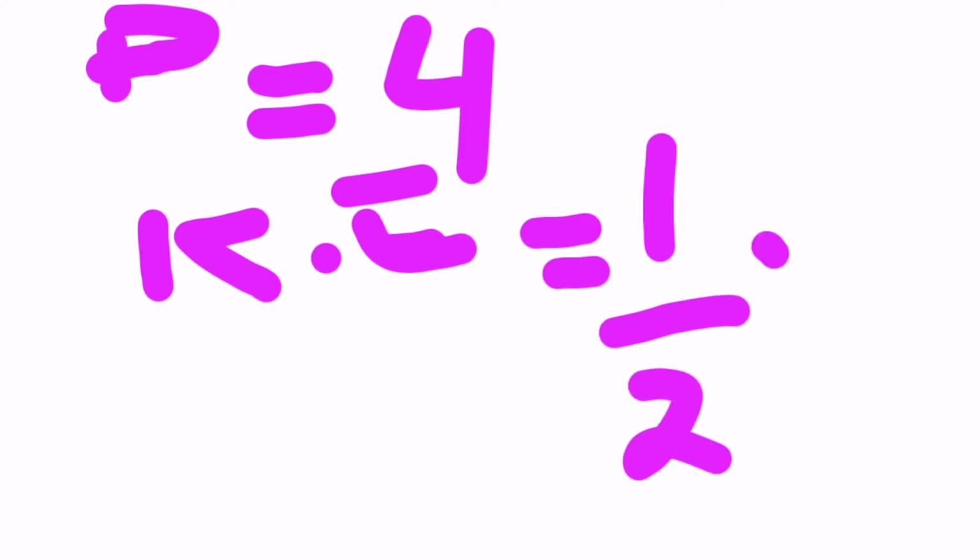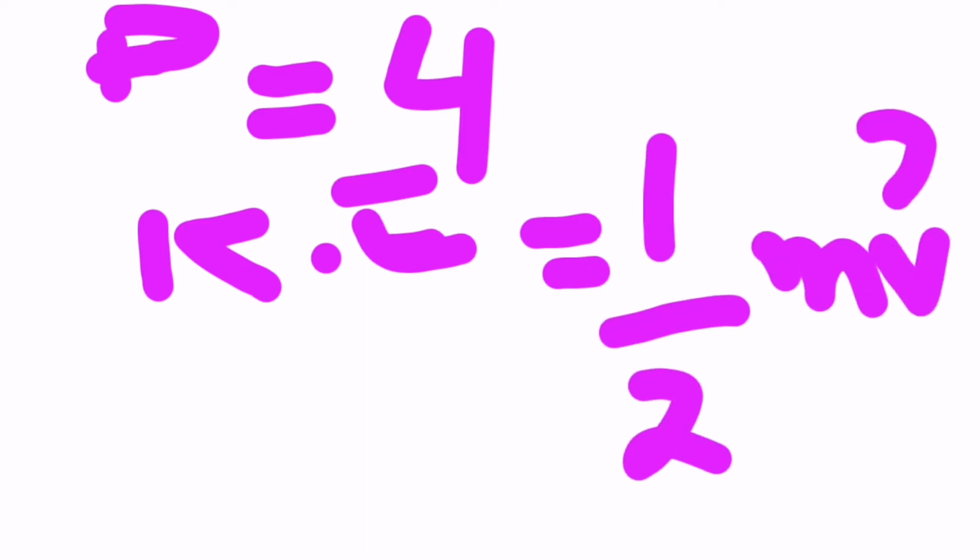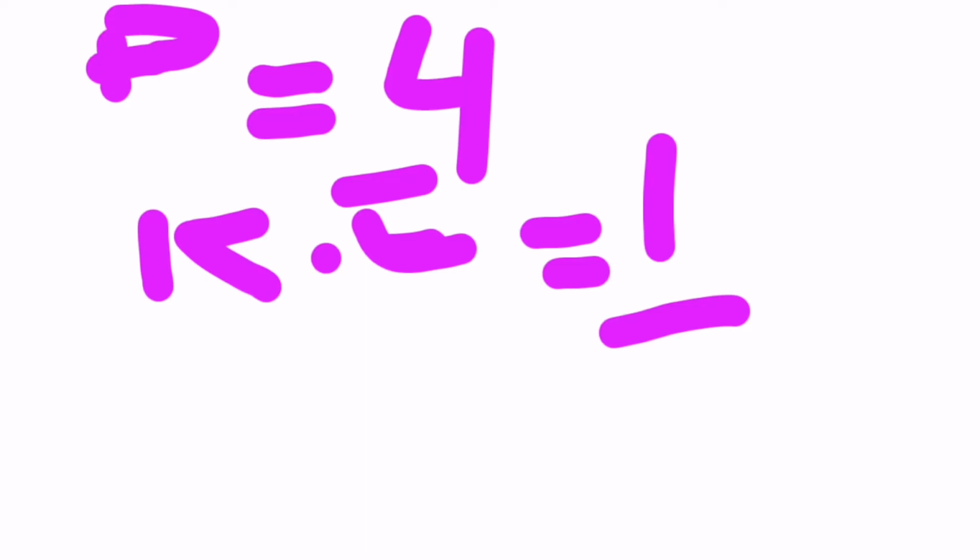P is equal to 4 times. Now how will we form it? The formula, just check. Kinetic energy is equal to half mv square. Now here in this formula we are going to multiply and divide m. How we will do it? Let's see.